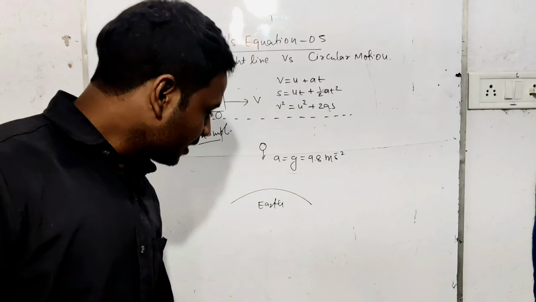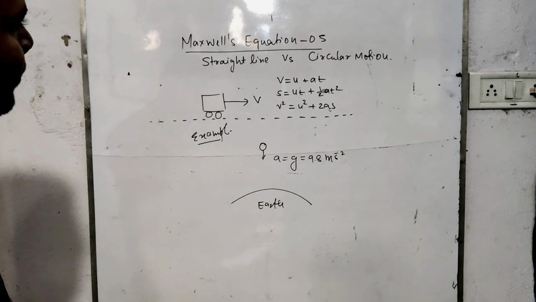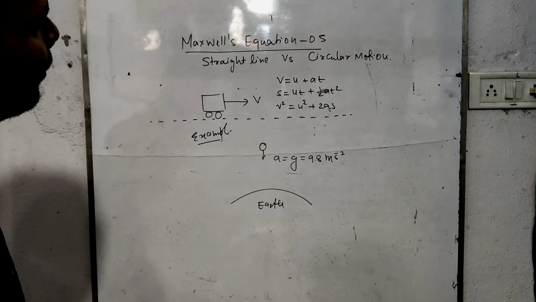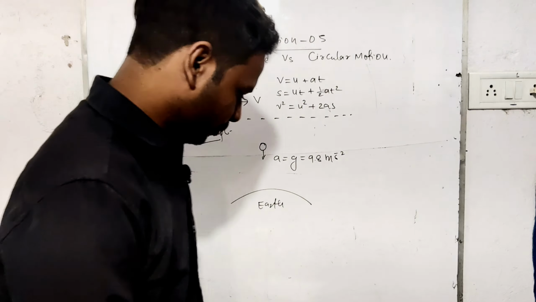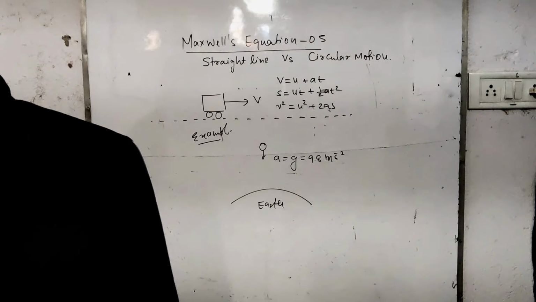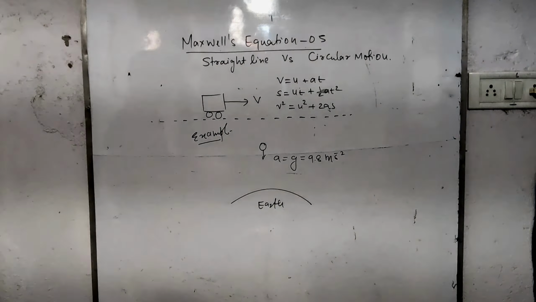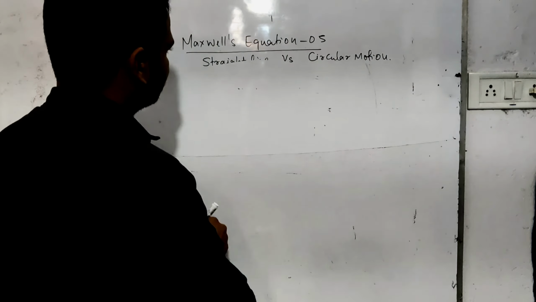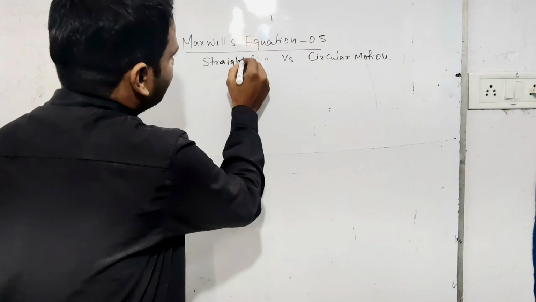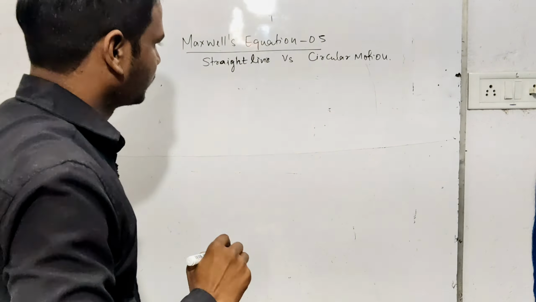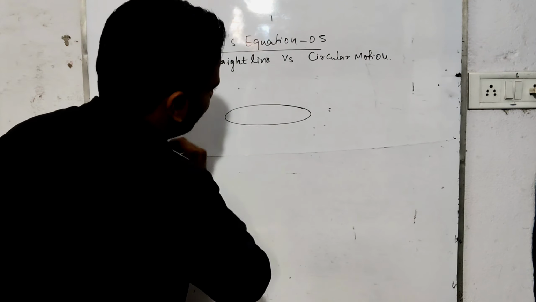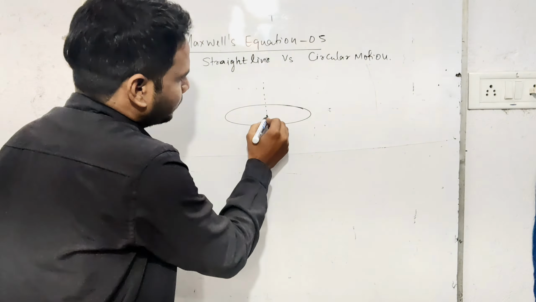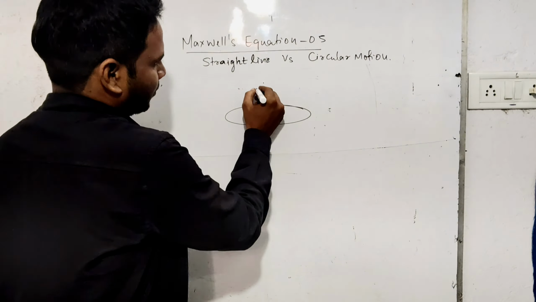This is very easy, but the second thing is circular motion. The equations of kinematics can also be written for circular motion, but with some difference. Suppose something is revolving on this path about this center, in this direction.